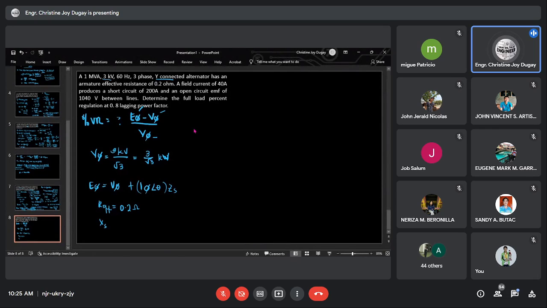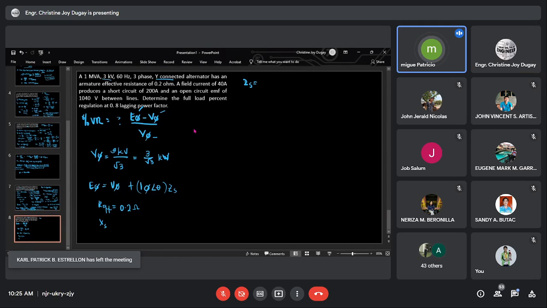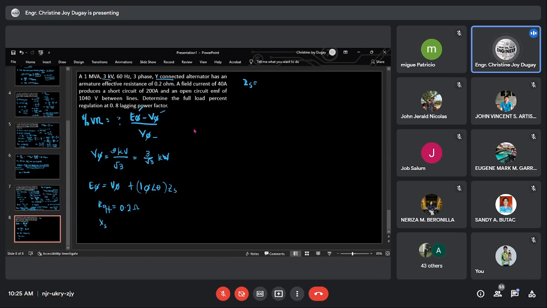So, ano ang pwede natin gagawin para mahanap natin ang value ni XS? Kunin mo na yung value ng JS mo. Yes, tama no. Pwede natin kunin ang value ni JS. Saan ba na natin kukunin si JS? Gamit yung short circuit test at open circuit test mo. Yes, tama. From short circuit and open circuit values ng voltage tsaka current natin, pwede nating malaman si JS, no?